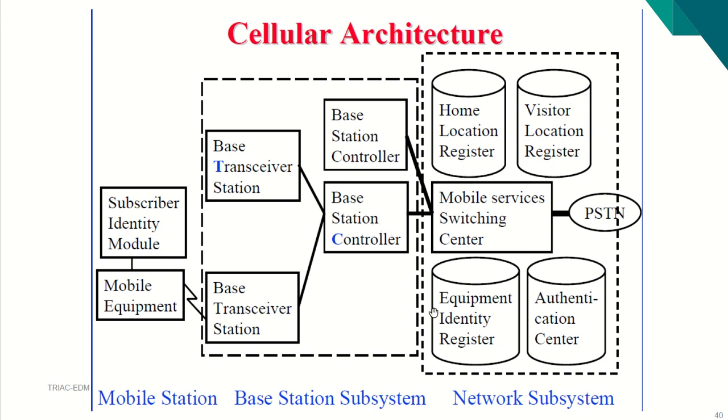It connects all the way up to the network subsystem. That network subsystem includes the home location register, visitor location register, mobile service switching center, equipment identity register, authentication center, and all those functional blocks.